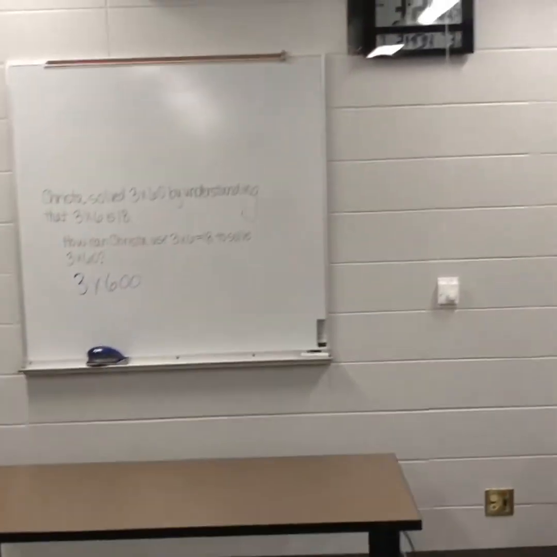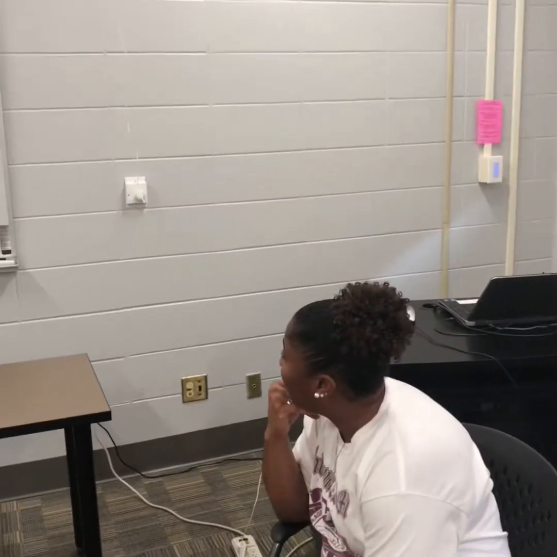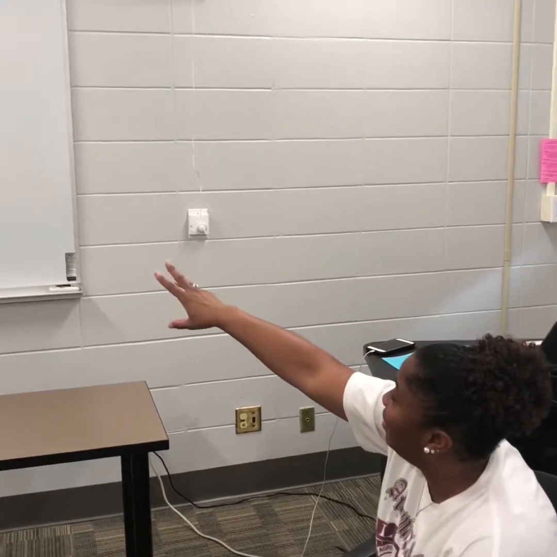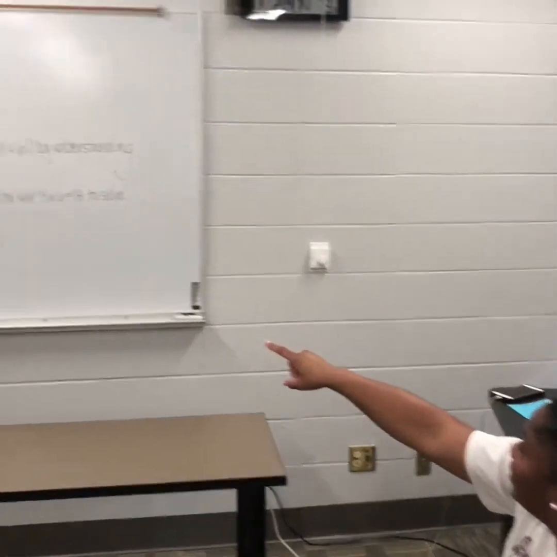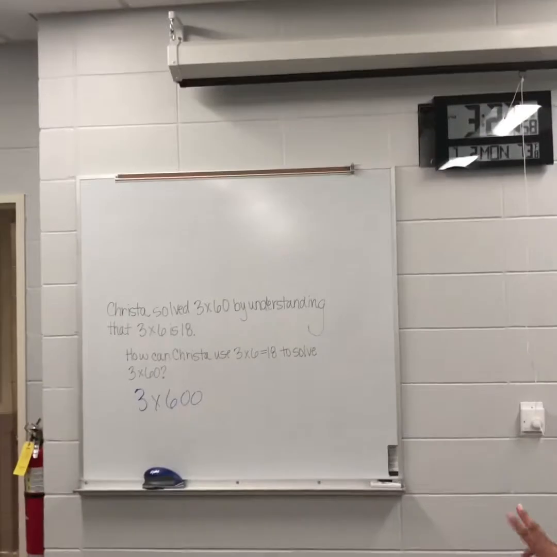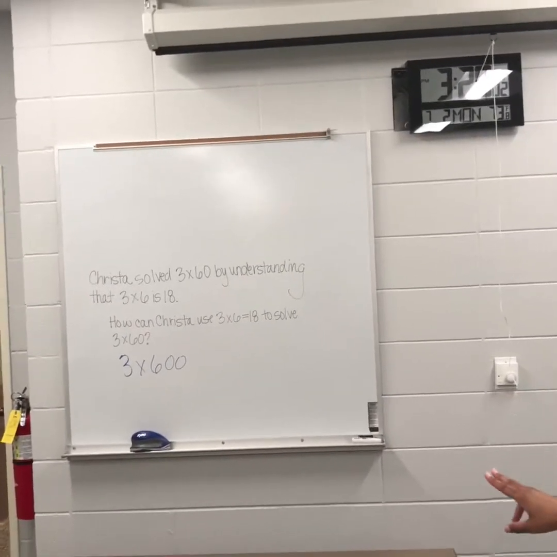Well, I guess like I said before, you kind of see a pattern. What I'm noticing is 3 times 6, we're dealing with 2 single digit numbers. In the second one, 3 times 60, we have a single digit and we're multiplying it by a 2-digit number which deals with ones and tens.